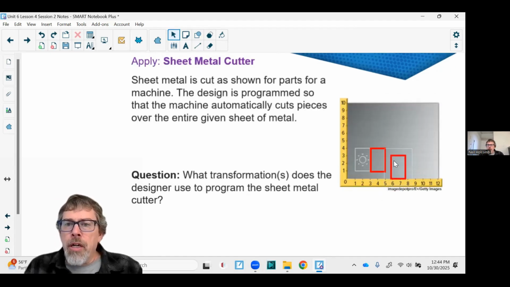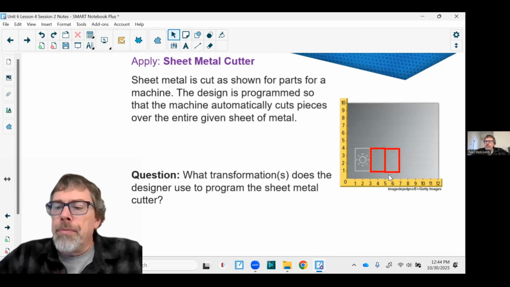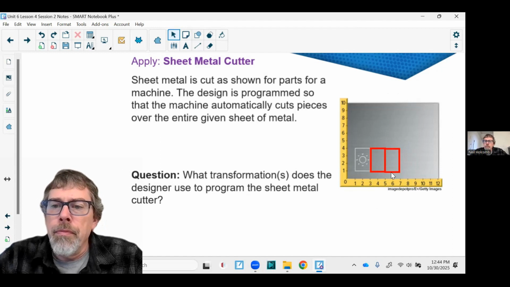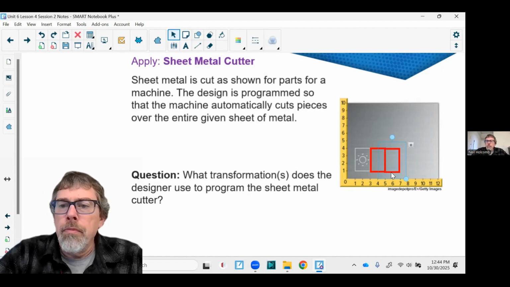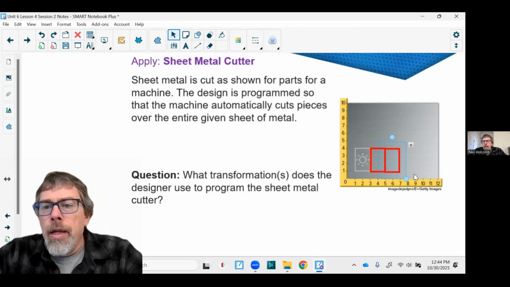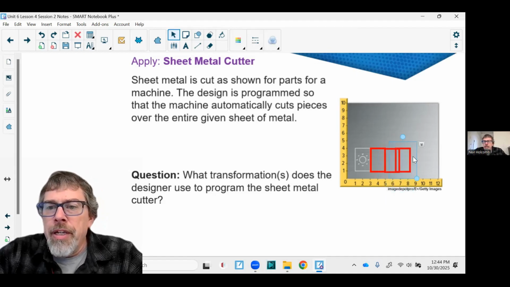if I move this up like so, okay, and just made multiple copies and just kept translating to the right too, and then move this over like this.